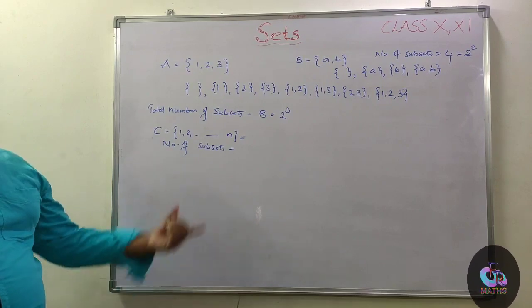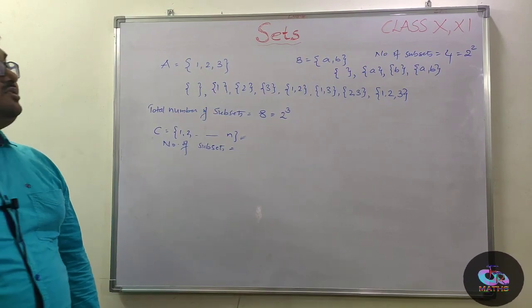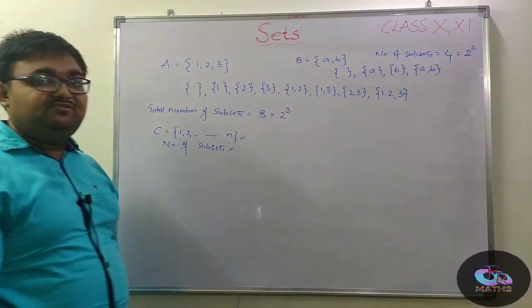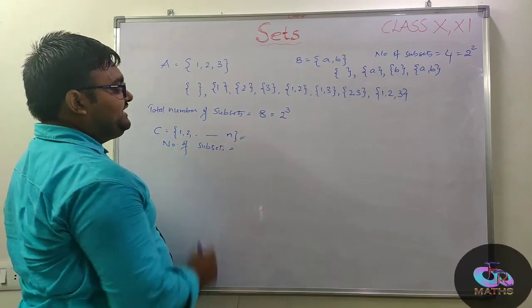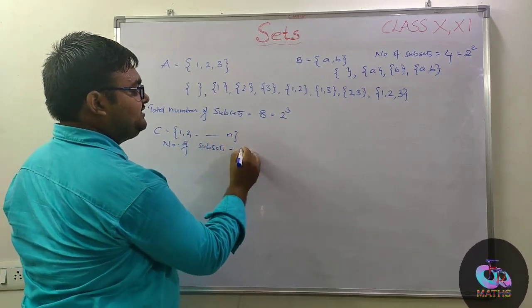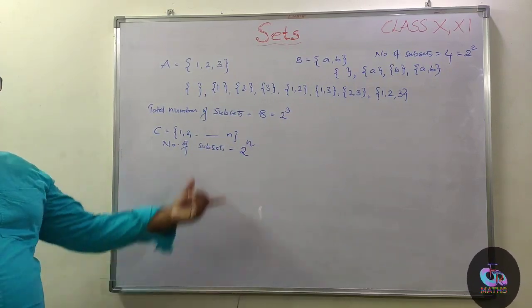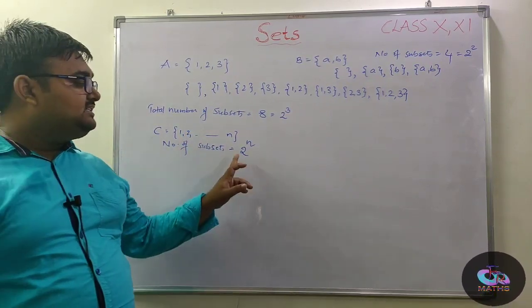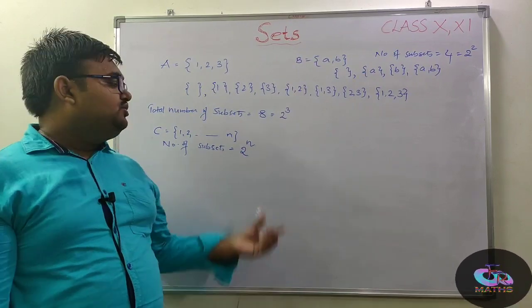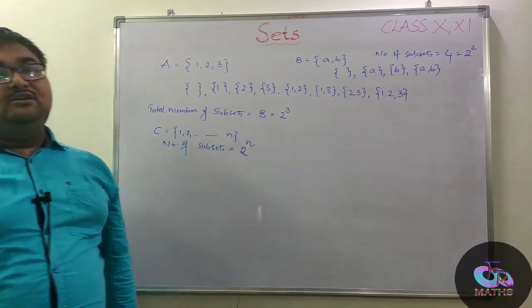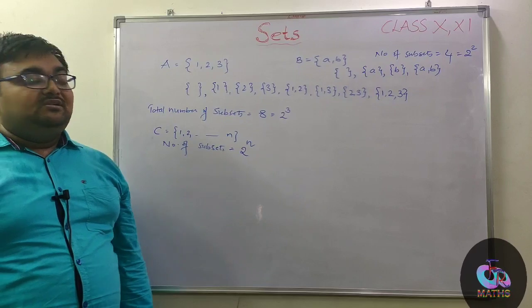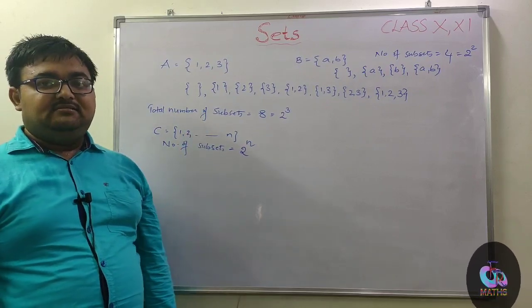So what can be the formula for the number of subsets? Based on these two observations, we can simply say that if a set contains n number of elements, then clearly the number of subsets for a set containing n elements is 2 power n. So you can use this formula to find the number of subsets for a given set, right?